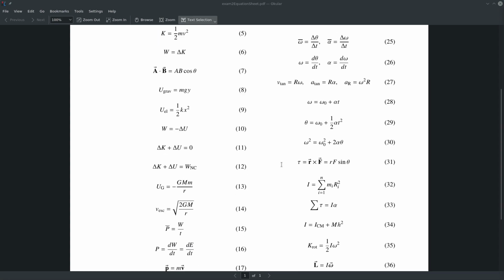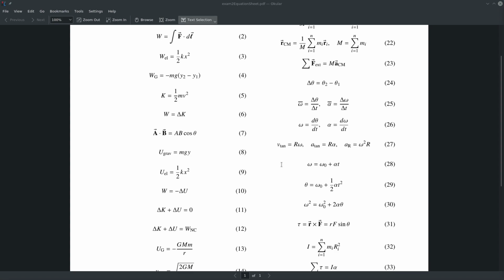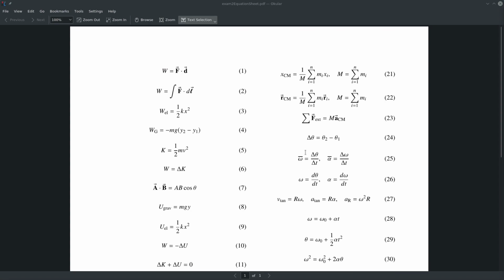This has all of the equations that you will need in order to solve all of the problems on the exam. For things like the moment of inertia of particular types of objects, those are usually given in the problem text itself. So you don't see any of them on here, but you will still be given that information. You don't need to memorize, say, what the moment of inertia of a sphere or disk actually is.